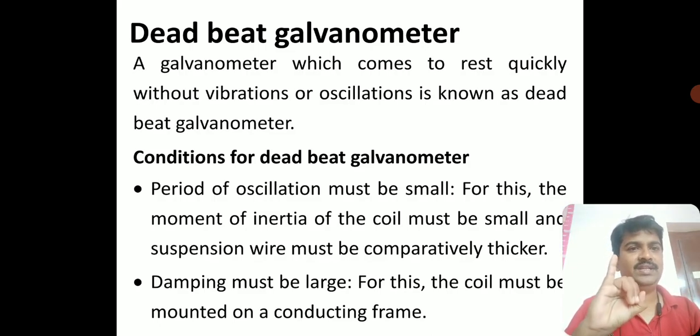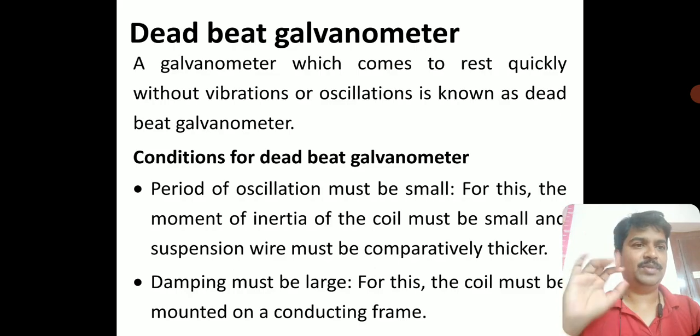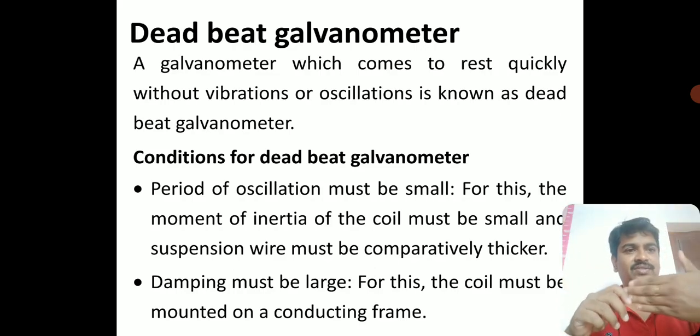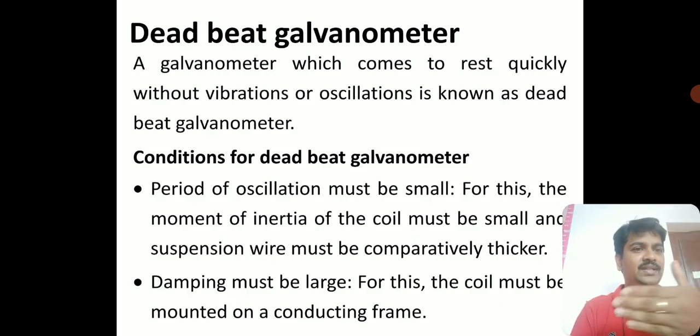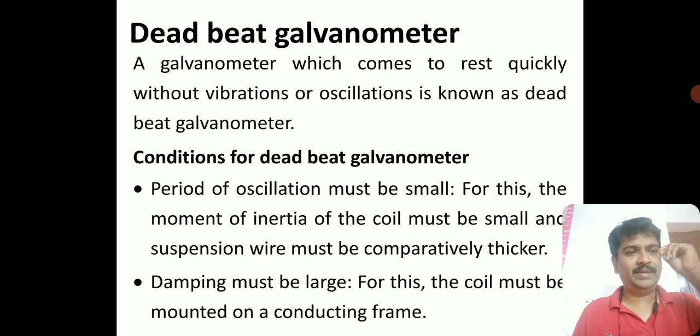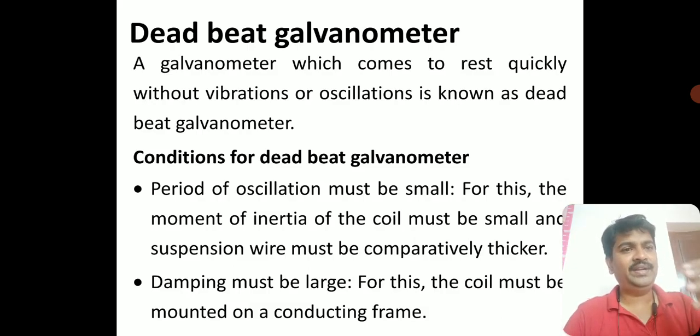The first condition here is that the period of oscillation of the coil must be small. It has to oscillate with a very small period. Then only the coil will come to rest very quickly. To make the period of oscillation small, the moment of inertia of the coil must be very small.